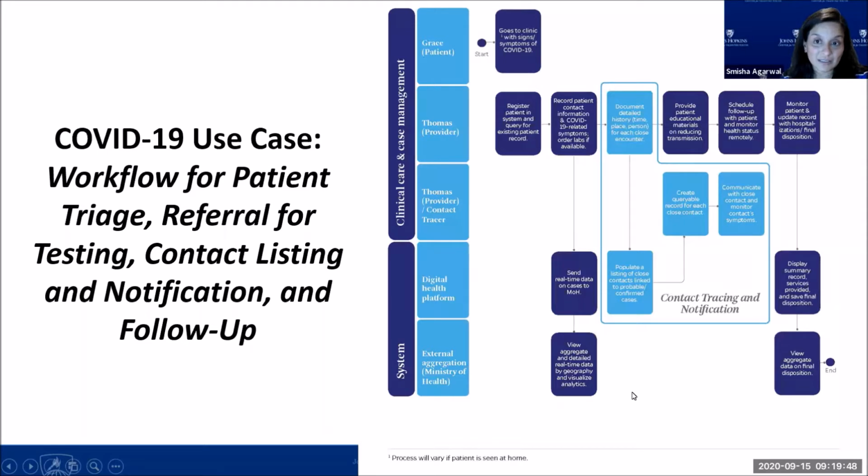So if you see here the figure on the right-hand side, we have Grace, the patient who comes to a healthcare facility or is visited by a healthcare provider at the community level and undergoes a process of registration, getting information around risks and symptoms of the patient and other symptoms, ordering of lab, which information is sent and aggregated at the systems level, documenting, so this is the process of contact listing, documenting all of the contacts that Grace might have been in touch with.